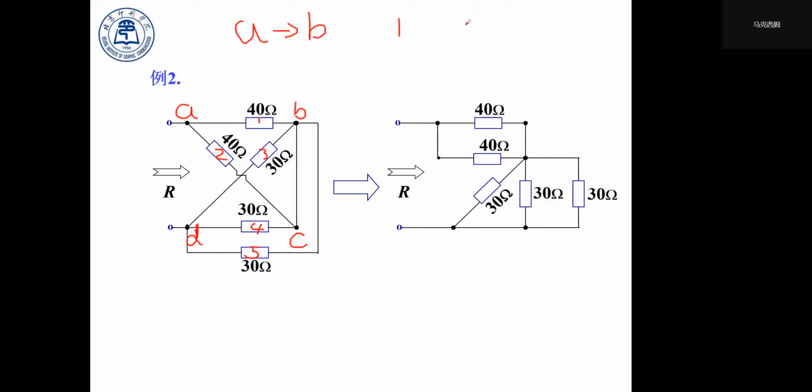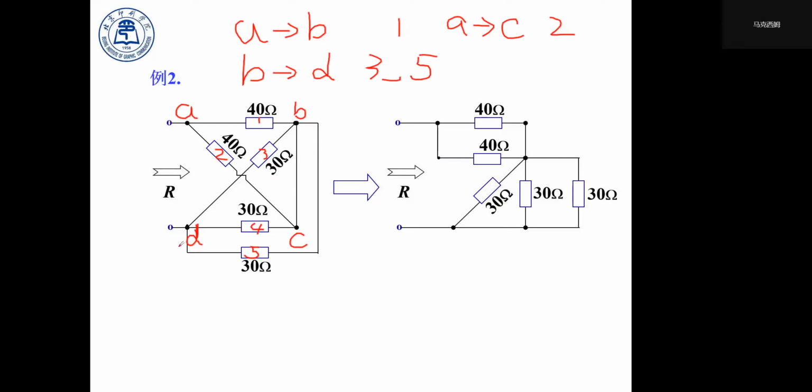Between A and C, we have resistor 2. Between B and D, we have resistor 3, and we also have resistor 5.